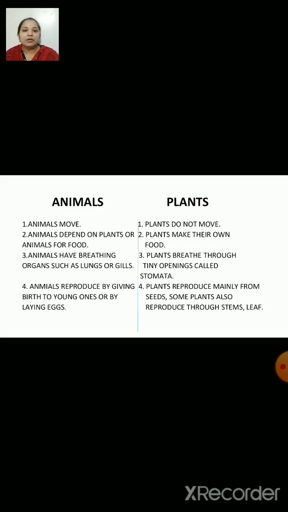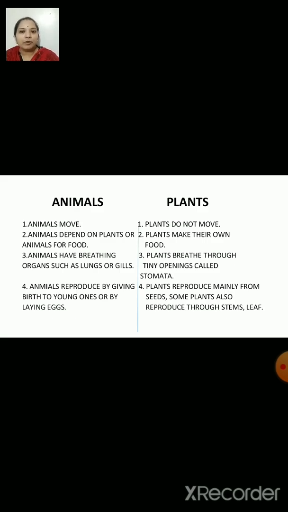The plants do not have sense organs. Still, the plant responds to its surrounding. For example, the upper part of the plant, which is known as the shoot part, it always grows towards the sun.